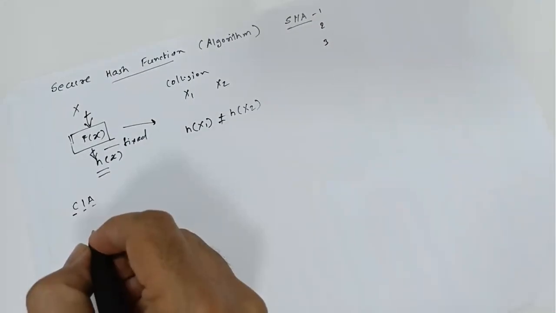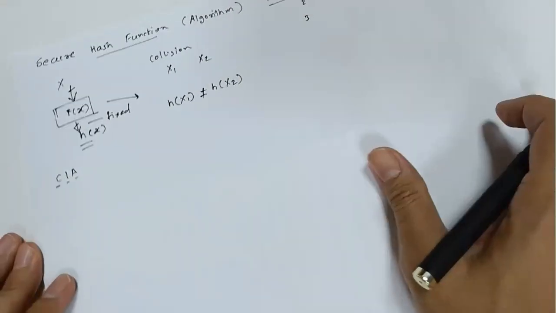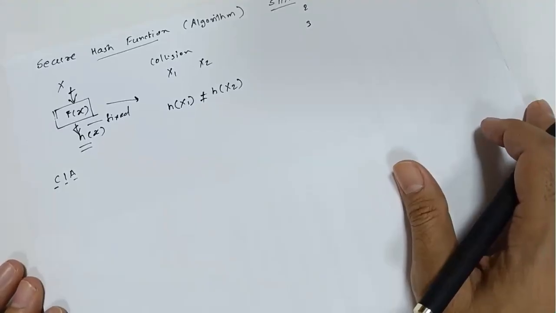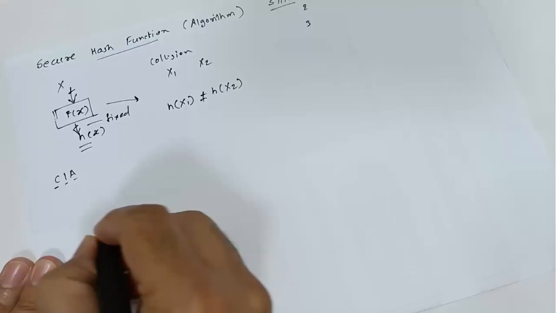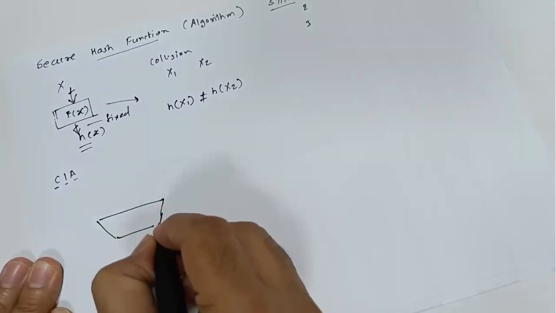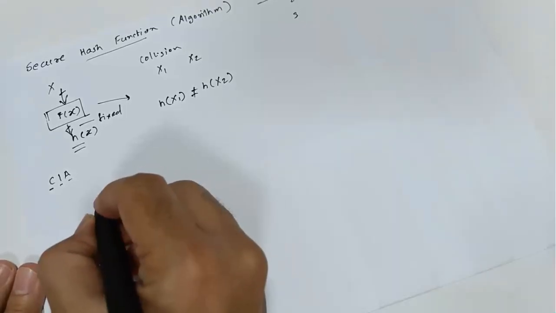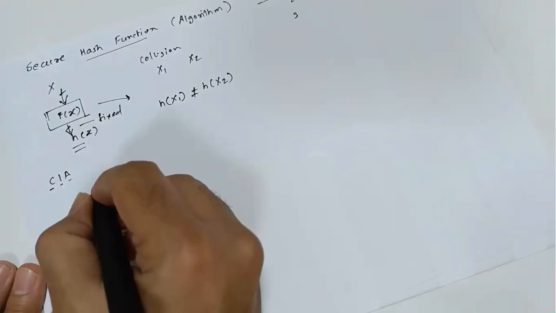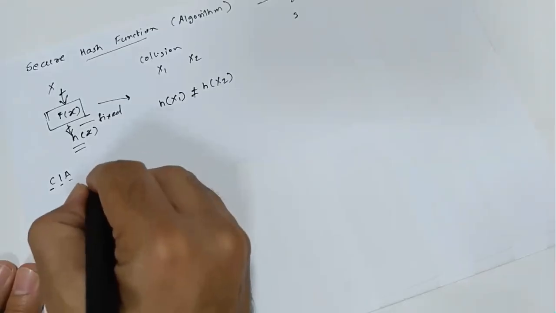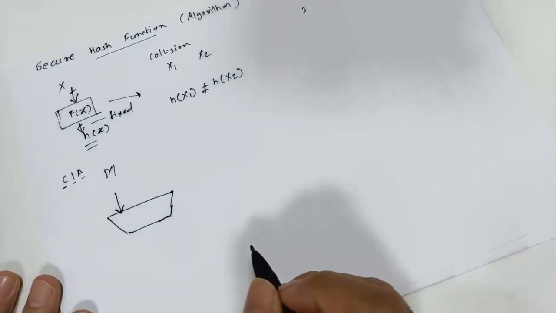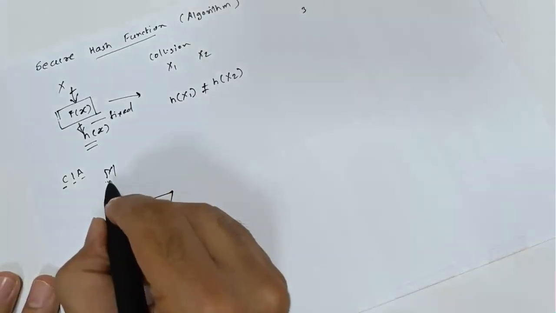So what I'll do is I'll give you the basic structure, a bird's eye view of SHA1. Let us consider this as a SHA algorithm. It takes the input message. Now every time this message length is different.